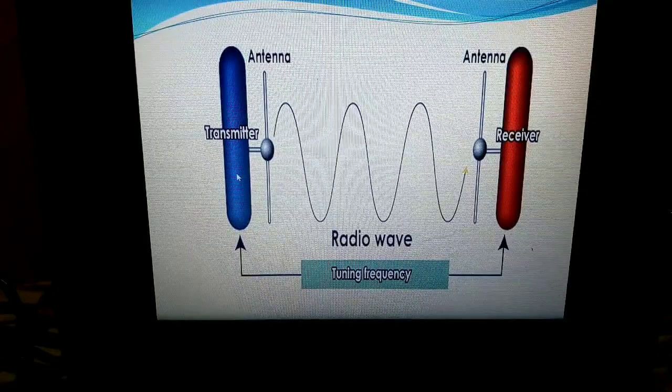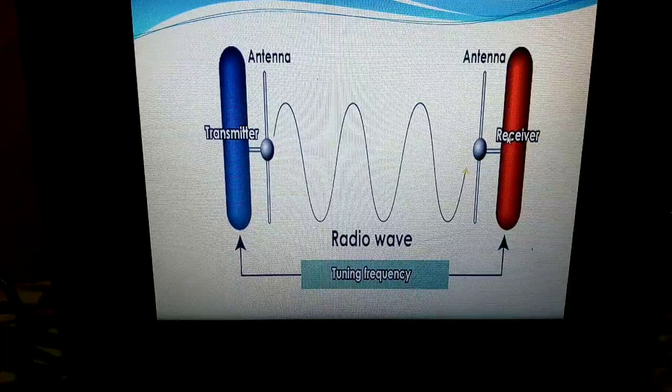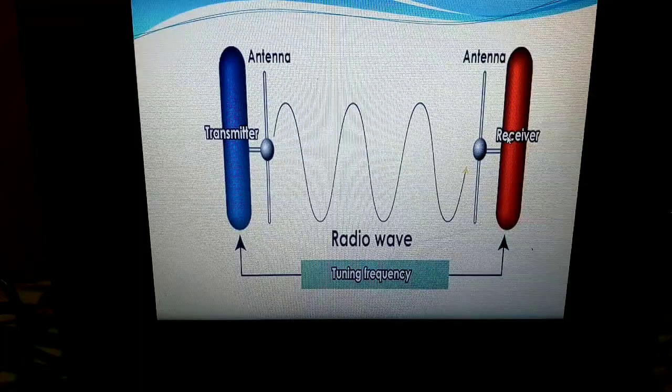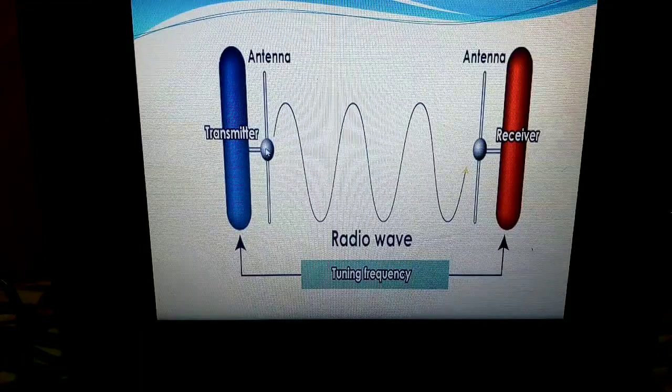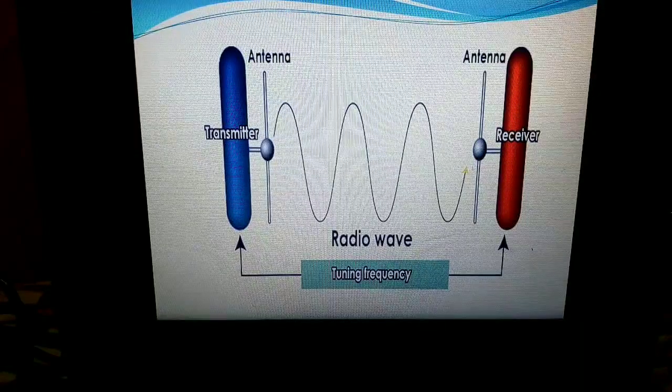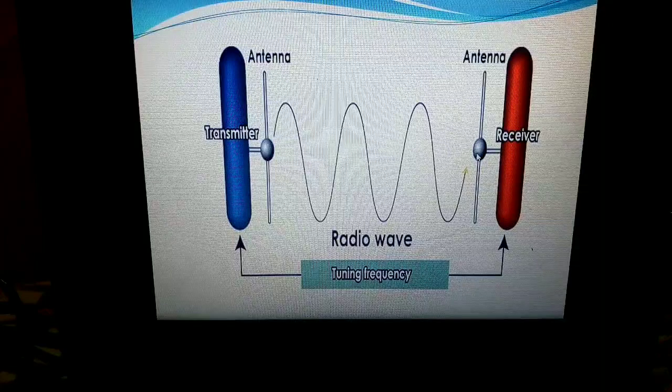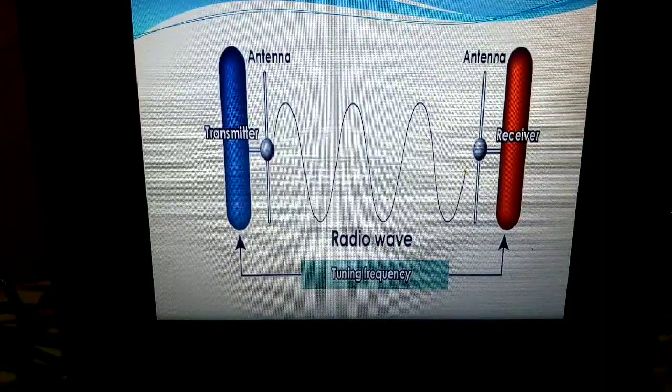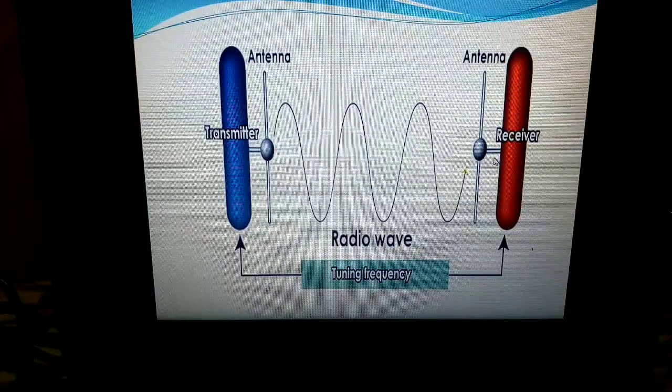Remember, the transmitter is again an antenna, and the receiver is again an antenna. At the transmitter, encoding takes place and your data is converted into sine waves. At the receiver, decoding takes place, and from the sine wave it receives, the original data is given to the destination.